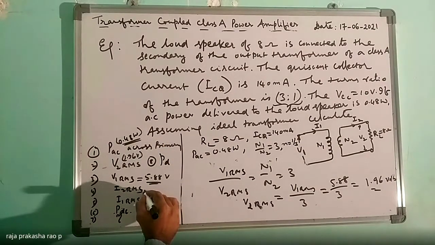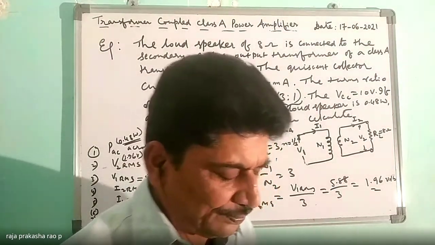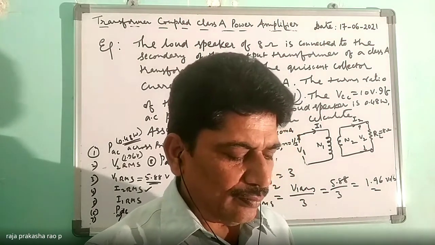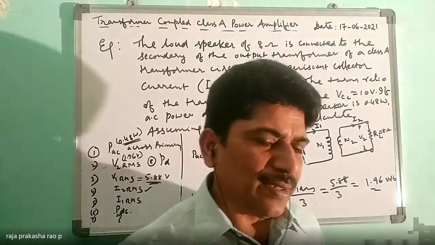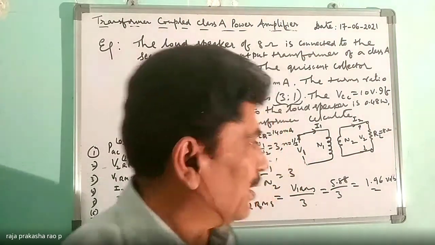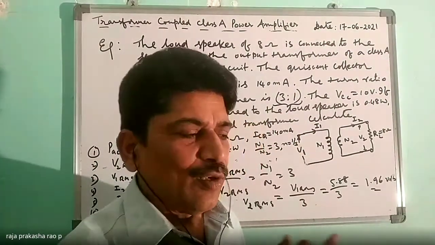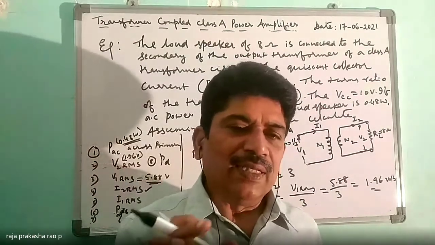And how to find out I2 RMS? Anyone tell me how to find out I2 RMS? I told you the power on the input side will be equal to the power on the output side also. Power is given as 0.48 watts, right? What is the formula for power in terms of current?